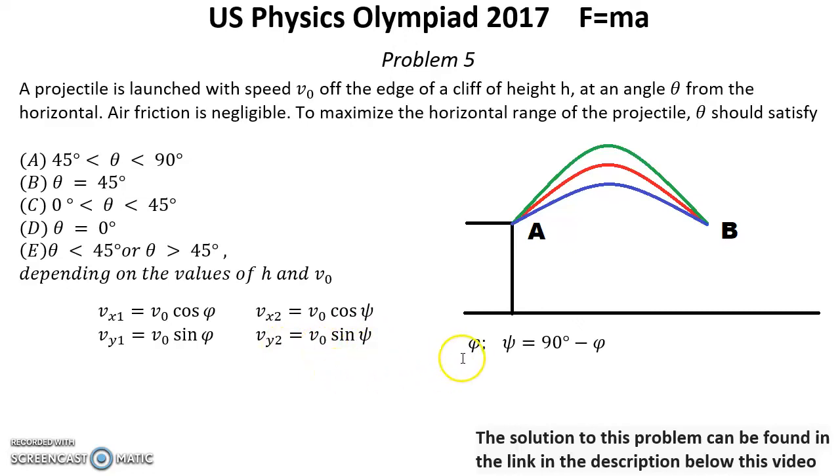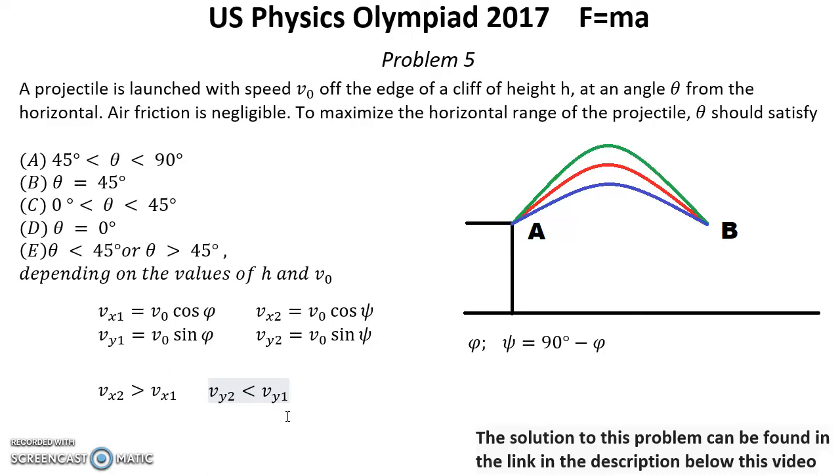Because one of the angles is greater than the other, we can write: Vx2 is greater than Vx1, and Vy2 is less than Vy1. At point B they have the same values, except that Vy will be down, not up.